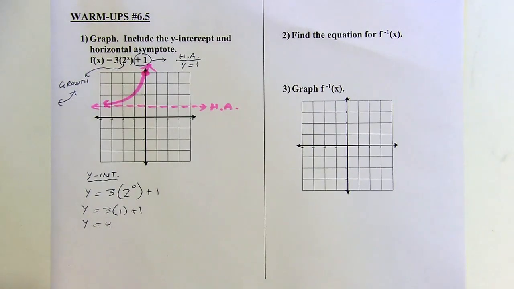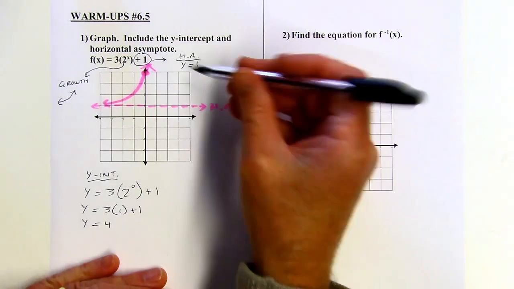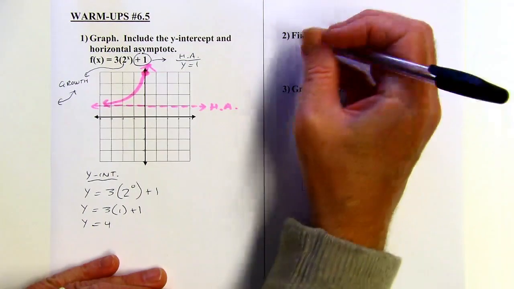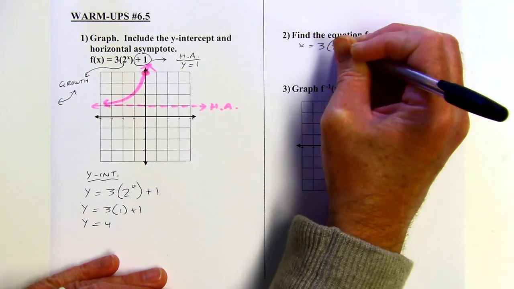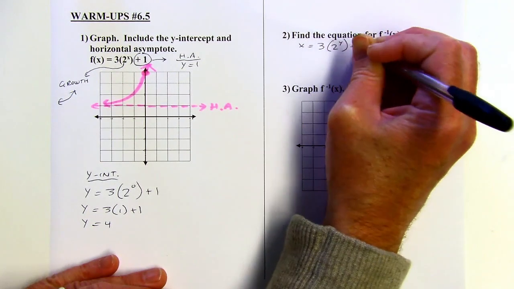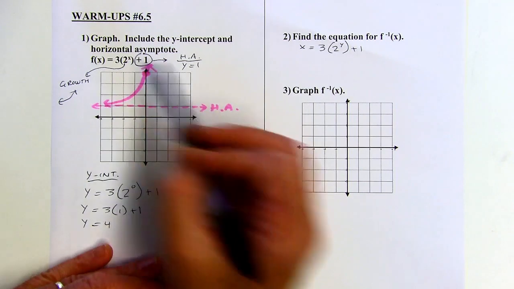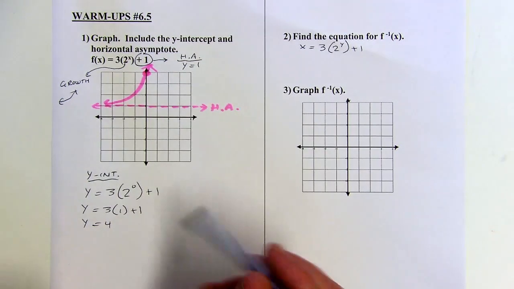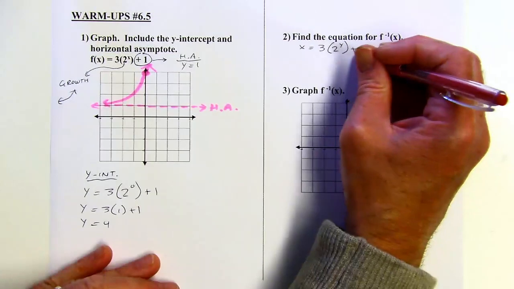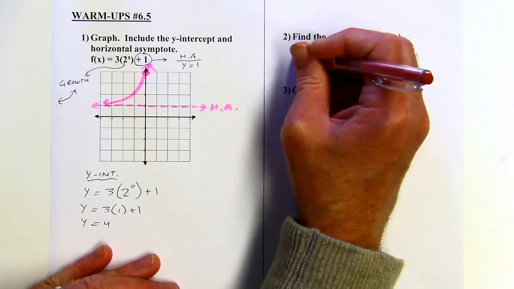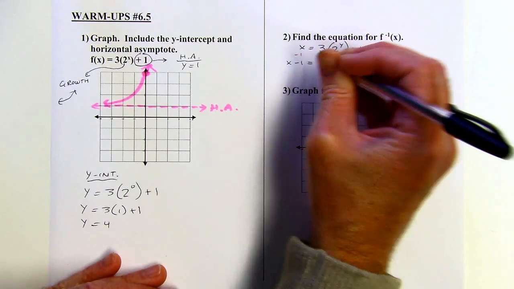Now let's find the equation for the inverse. I'm going to take the original function and switch the x and the y. So f of x is our surrogate y there. Switch the x and the y, and now I'm going to solve this for y, isolating y with old school algebra techniques.